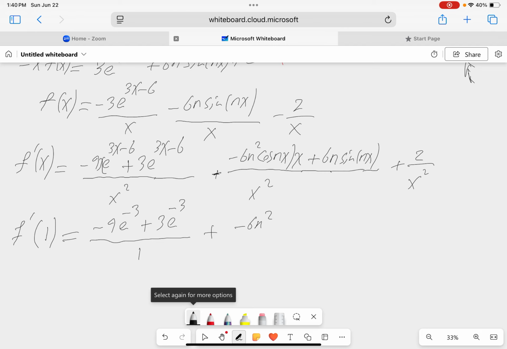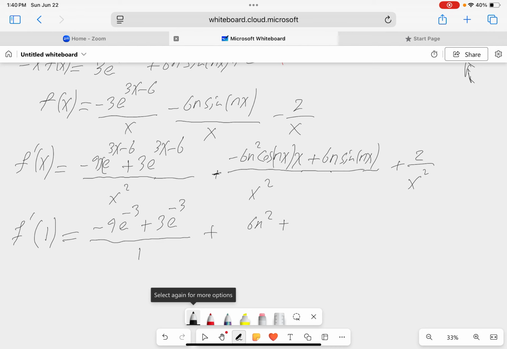The cosine of pi, because x is 1, is negative 1, and times the negative makes it plus.